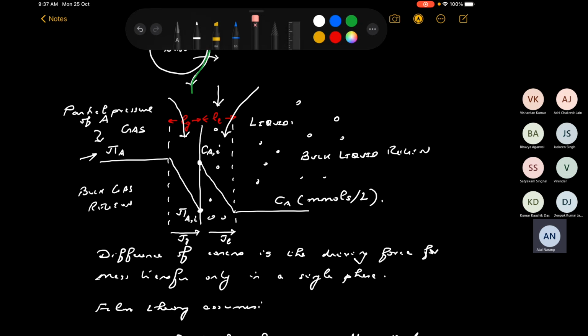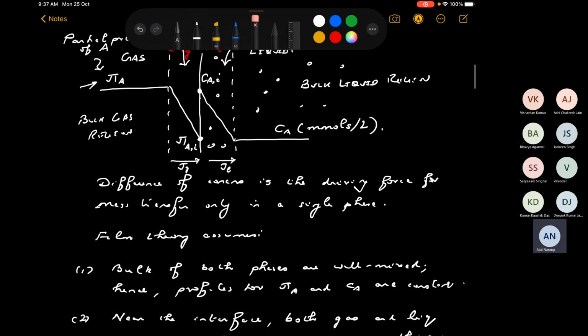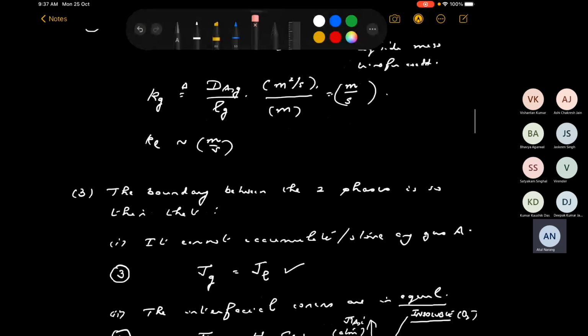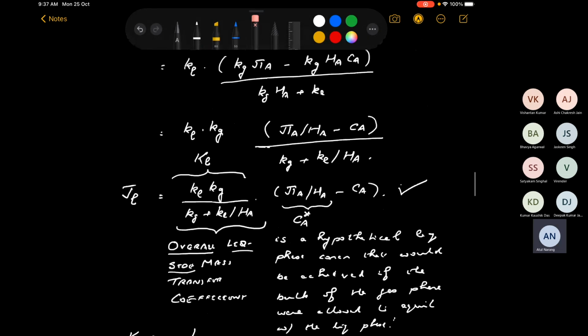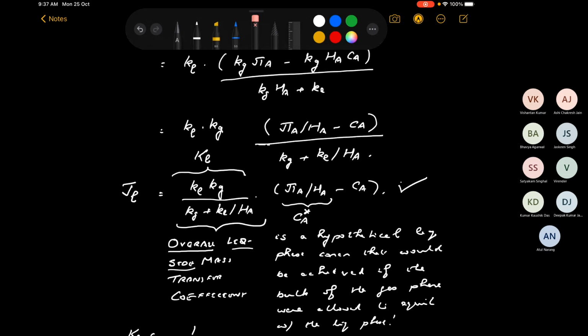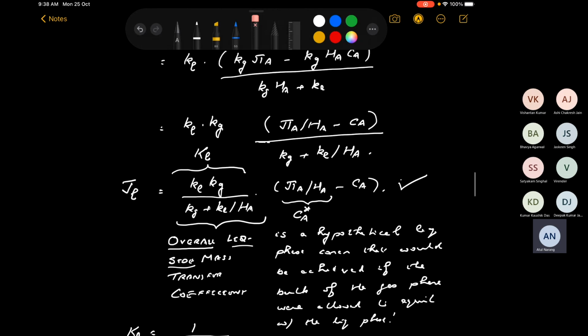So, after going through this entire derivation, we arrived at this formula. What we found was that J, the flux, is essentially equal to an overall liquid phase mass transfer coefficient multiplied by Ca star minus Ca, where Ca star was, as I said, a hypothetical liquid phase concentration.